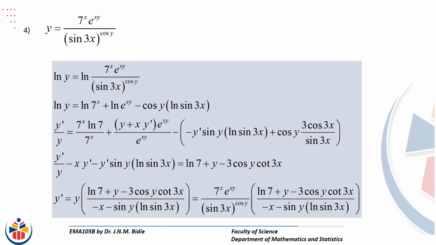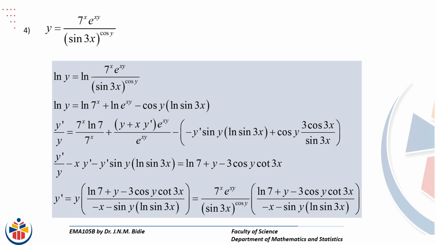As we complicate matters, we have y equal to 7 to the power x, e to the power xy in the numerator. Denominator is sine of 3x all to the power cos y. We introduce ln on both sides in order for us to find this derivative, which is y prime, and then simplify.